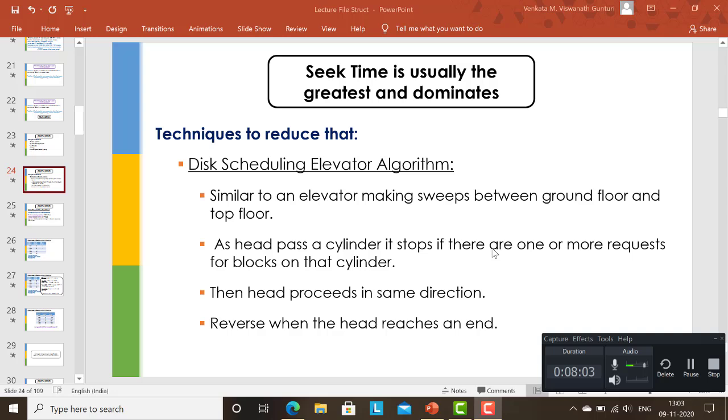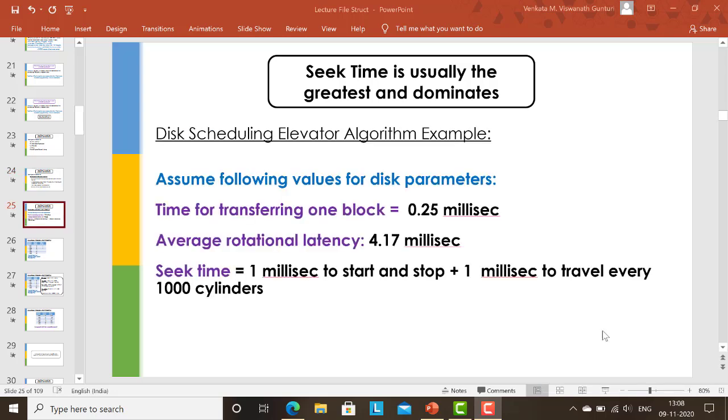Let's say it is passing over cylinder 5,000. At that stage, it will check if there are any requests for that particular cylinder or not. If there are, it will stop at that cylinder, perform either the read or write that was required, and then proceed in the same direction. Once it hits cylinder number 10,000, it starts the reverse part.